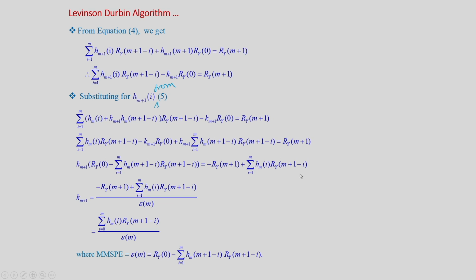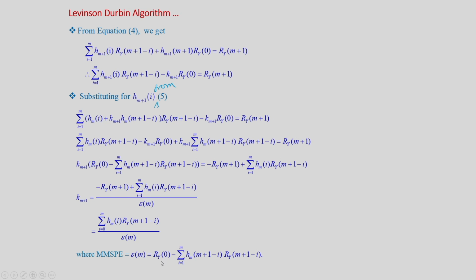So, from this expression we get k_{m+1} equals minus R_y(m+1) plus the summation of h_m(i) into R_y(m+1-i), going from 1 to m, divided by epsilon_m, where this epsilon_m is the MMSE, mean square error, given by this expression.